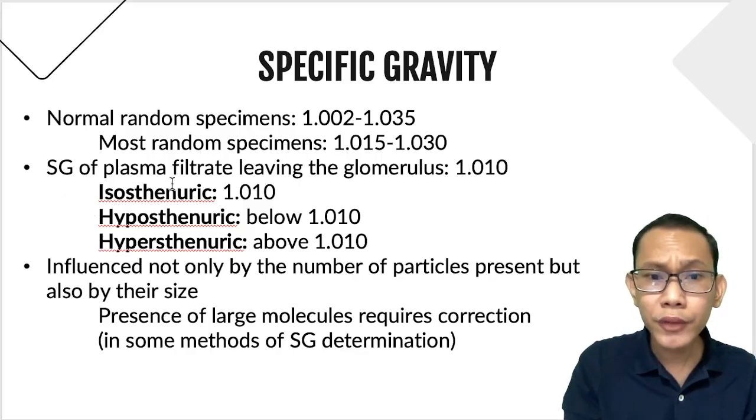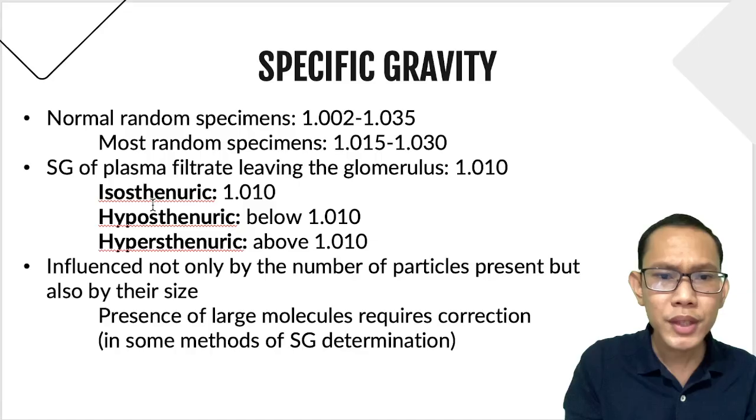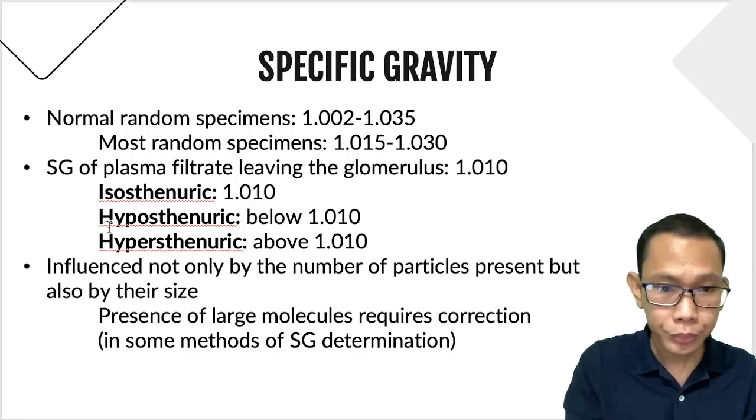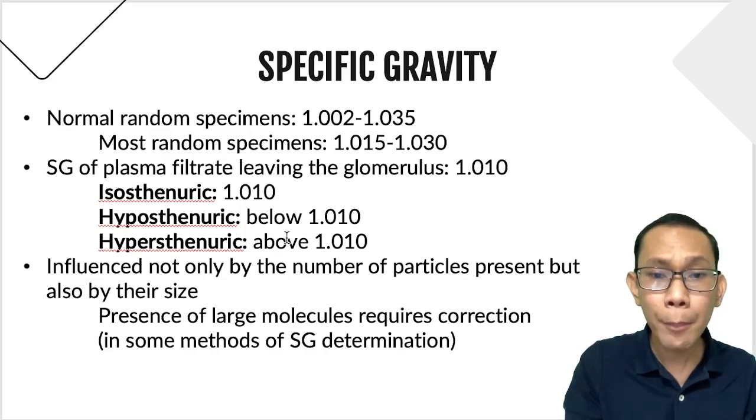The specific gravity of your plasma filtrate leaving the glomerulus is 1.010. Isosthenuric, 1.010; when we say iso, it means same, so that's 1.010. Hyposthenuric is below this value, 1.010. Hypersthenuric is already above 1.010.